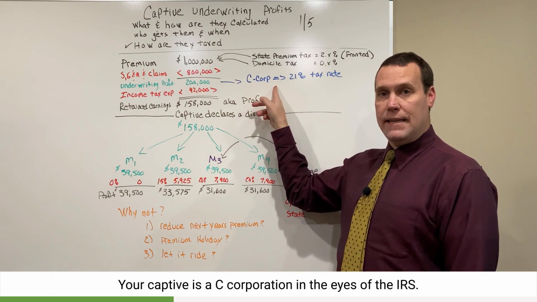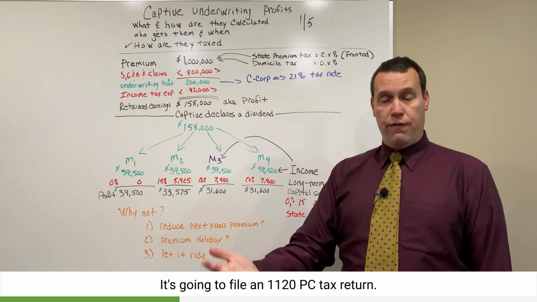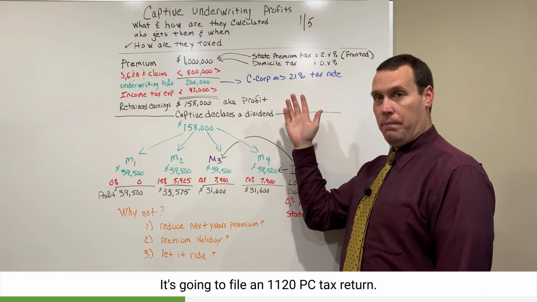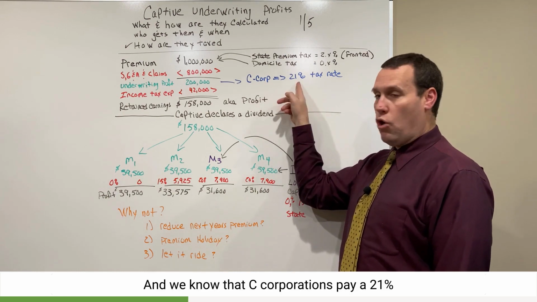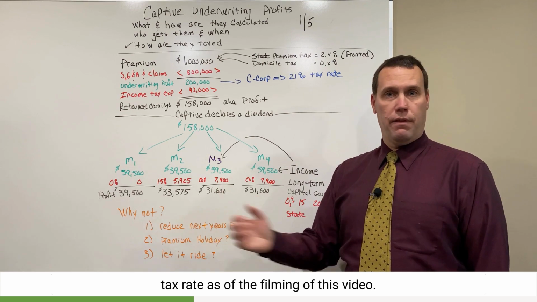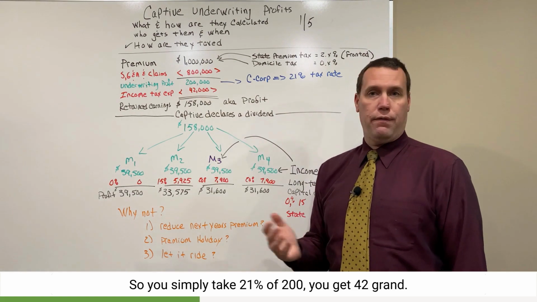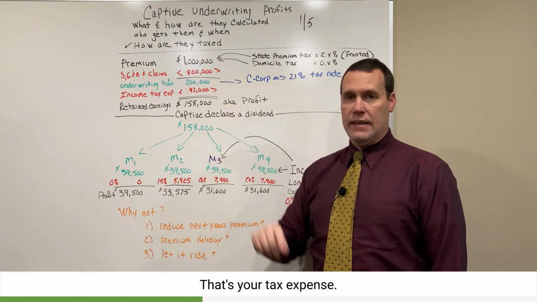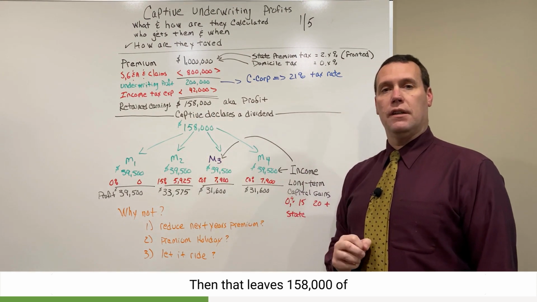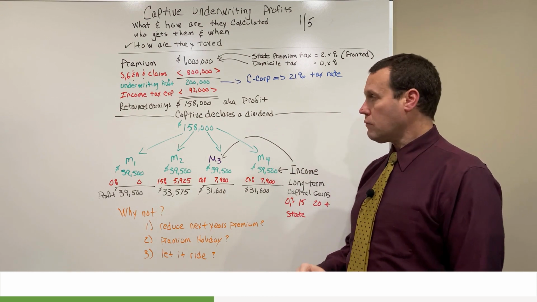Your captive is a C corporation in the eyes of the IRS. It's going to file a 1120-PC tax return. And we know that C corporations pay a 21% tax rate as of the filming of this video. So you simply take 21% of 200, you get 42 grand. That's your tax expense. Then that leaves 158,000 of retained earnings or profit.